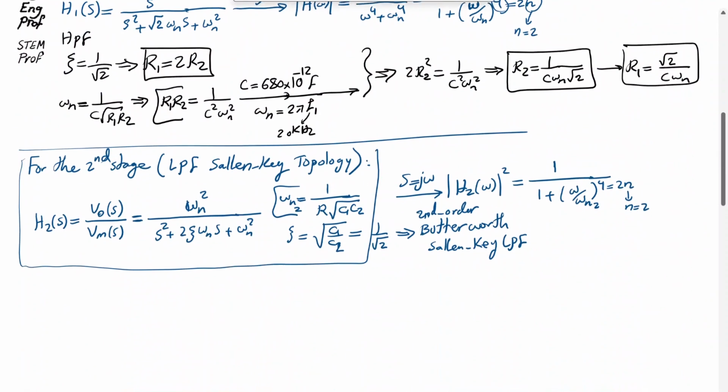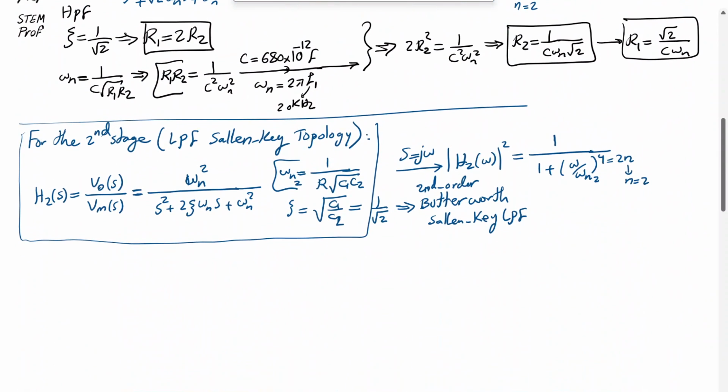With that in mind, by the same idea, by setting zeta to 1 over root 2, we are enforcing C2 to be twice C1 to satisfy this, resulting in C2 being 2 times C1. So that's one relationship, one equation.